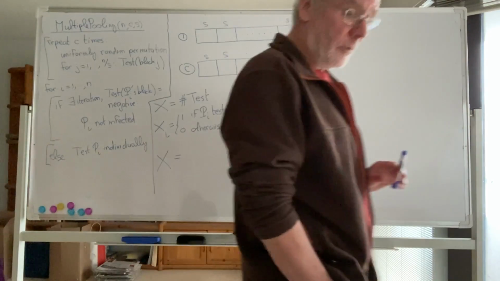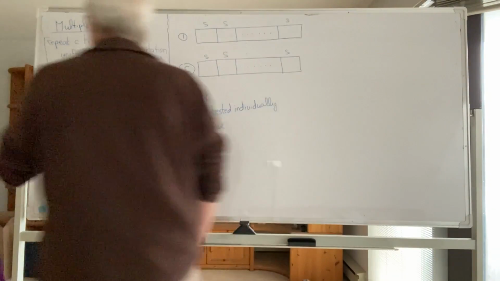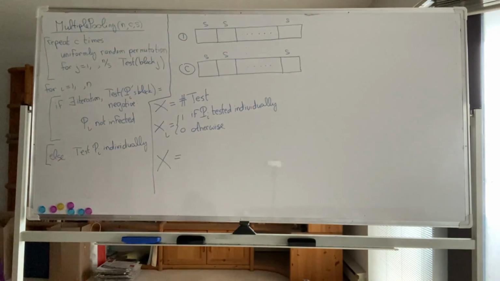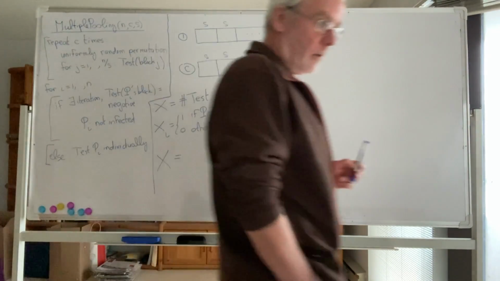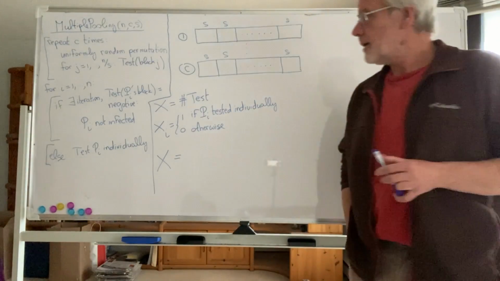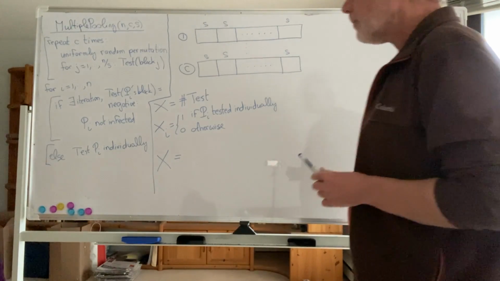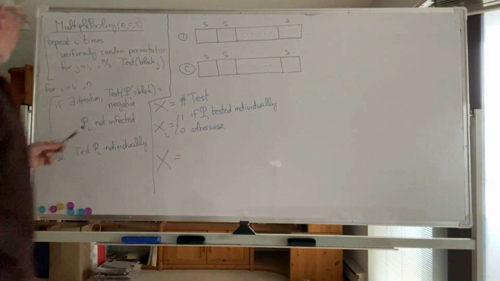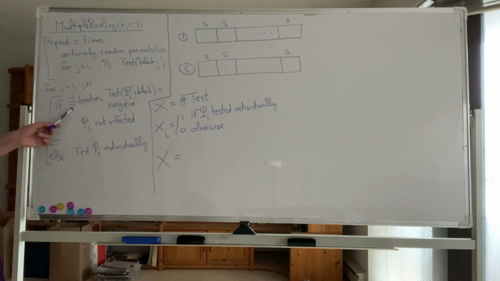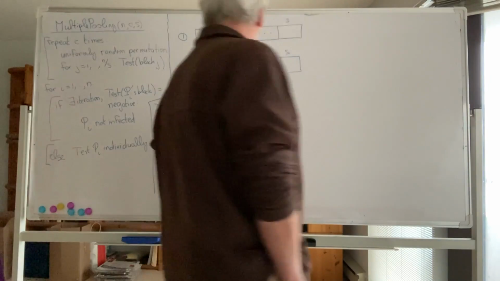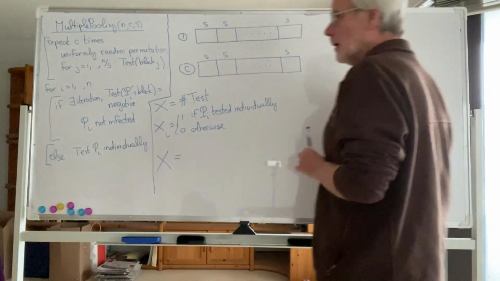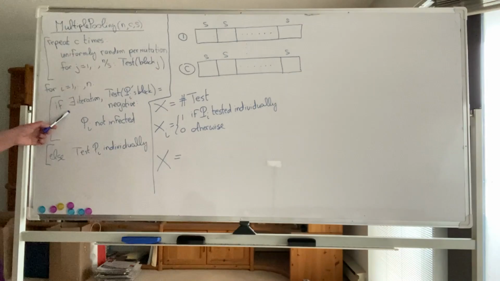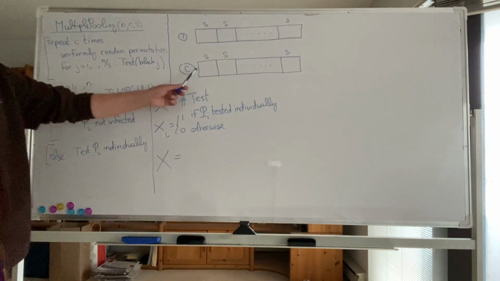Okay, after we have done this, what do we know now? So now go through all the people, I from 1 to n. What can happen with person P sub I? Imagine that in one of these iterations, the test of P sub I's block was negative. Let's say the iteration where this happened was the last one.